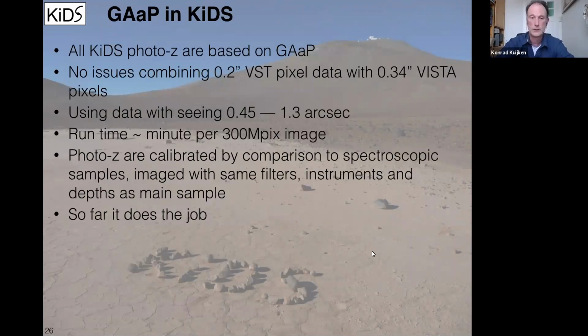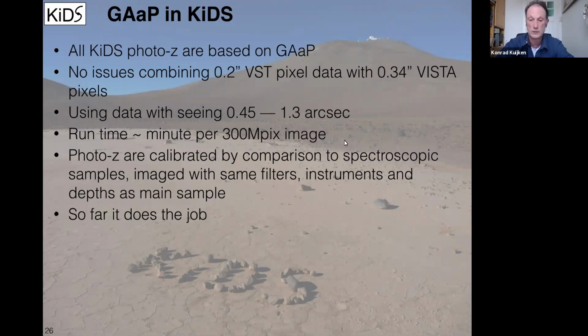All right, so in KiDS, all our photometry is based on GAaP. All the photo-z are based on the SEDs that we get out of this technique. As I said, we have no issue combining the small VST pixels with the much larger VISTA pixels. We're able to combine data with a range of seeing between 0.5 and 1.3 arcseconds.